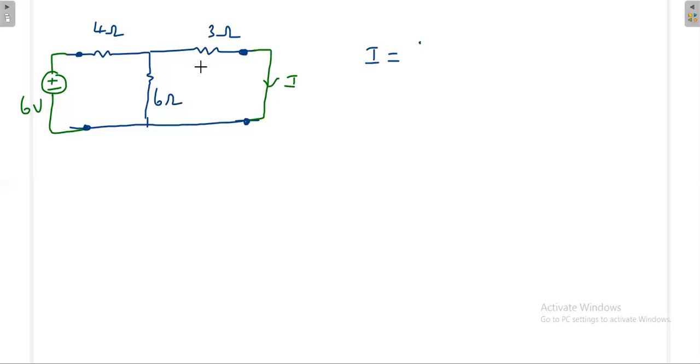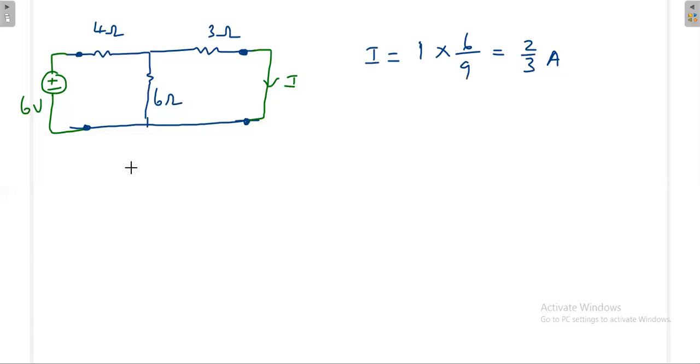That has to be divided: opposite current divided by total resistance, so you'll get 2 by 3 ampere here. When you apply the 6 volt source, I will be 2 by 3 ampere.